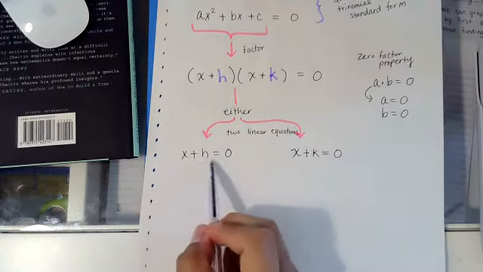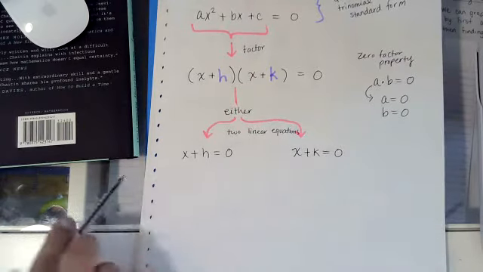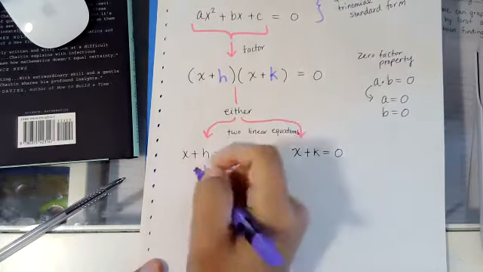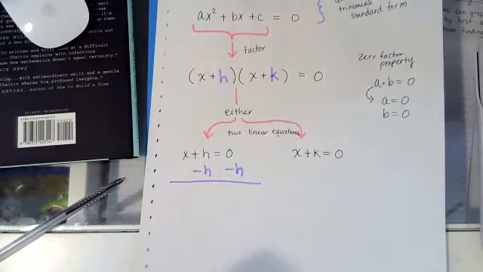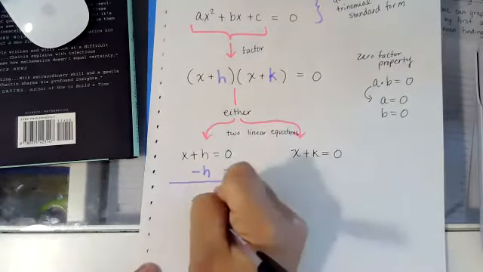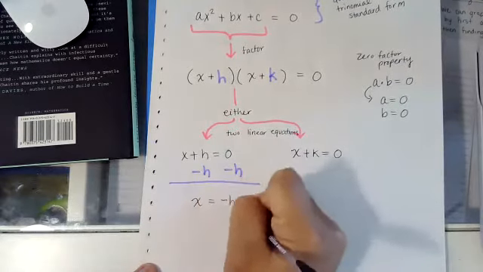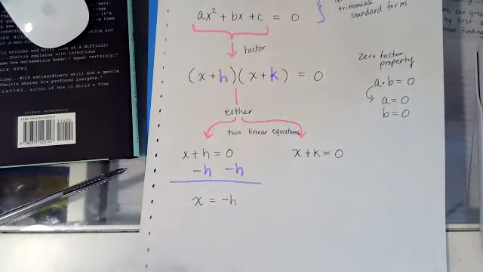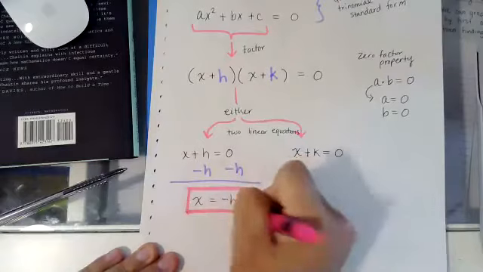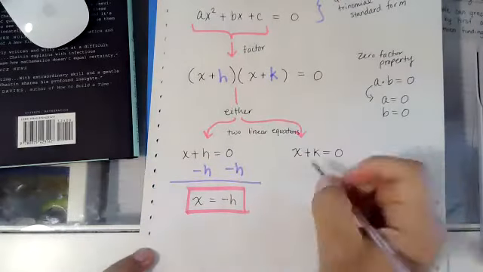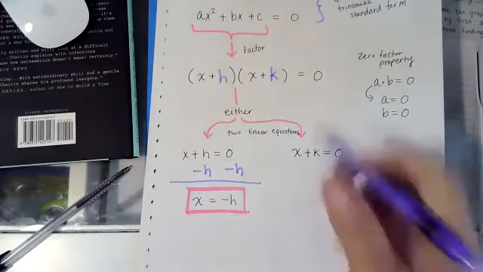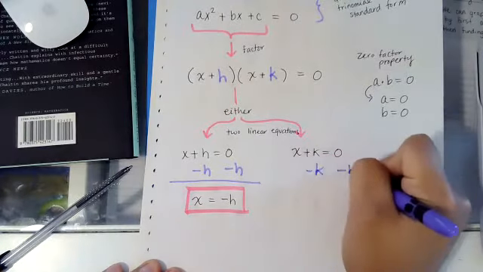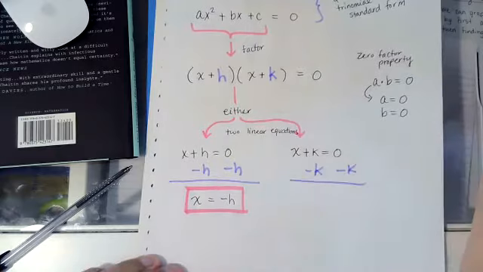If I wanted to get x by itself in this first equation, I would just subtract the h over to the other side. And I would say that my solution here is x is equal to negative h. That'll be one solution. And for this one, whatever this number is, I would just subtract k from both sides of that equation, because that's how we solve a linear equation.